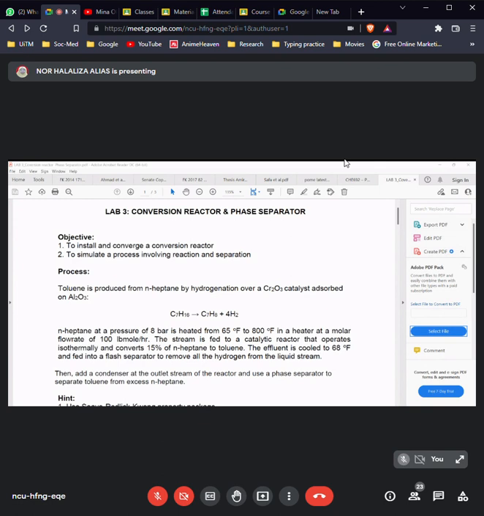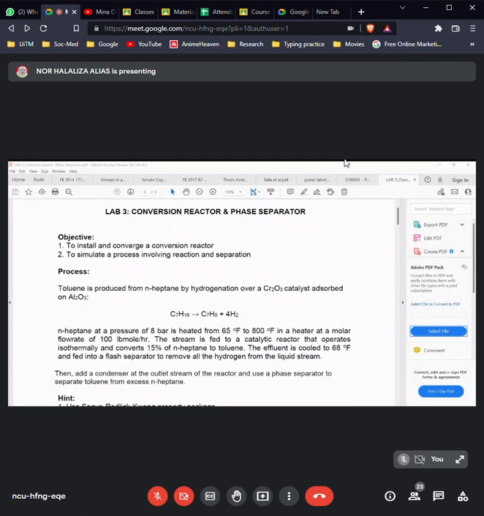Kaz, can we start now? Can, Doctor. Okay, so this is the conversion reactor and phase separator. Okay, later on in lab 4, 5, 6 and 7, kita akan tengok juga untuk plug flow reactor, the recycle stream, distillation column.